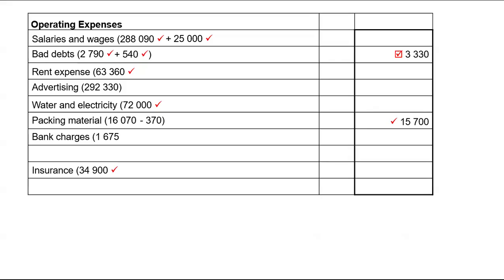The net salary, though, which was given to us, will be recorded in trade and other payables. I need you to understand that the only expense from salaries and wages will be the gross salary plus employer's contributions. I noticed that the employer only contributed towards the pension and the UIF.